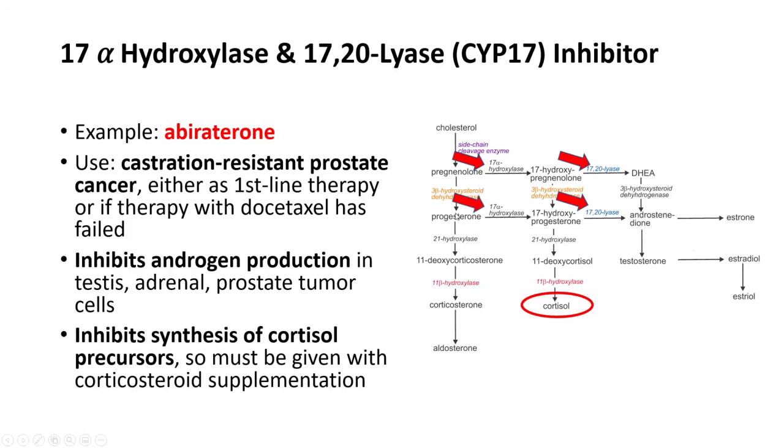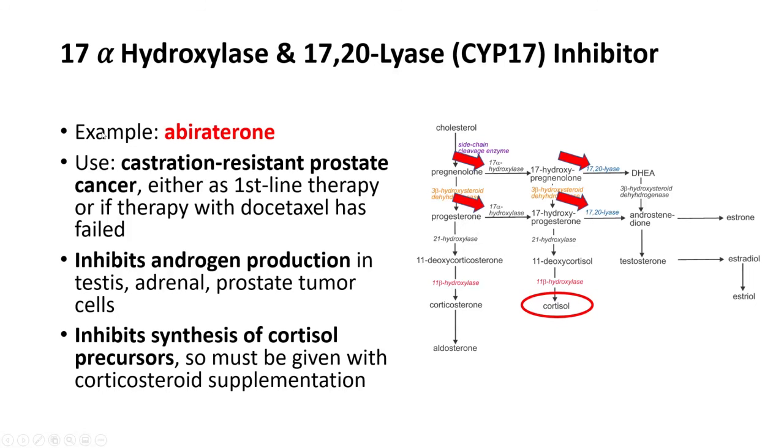And as you can see, by inhibiting those enzymes, you'll be accumulating the previous substance in the sequence. So you're going to have an increase in progesterone and aldosterone, right? And there'll be also a blockade of cortisol, as we see here.